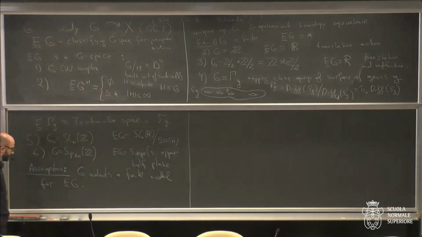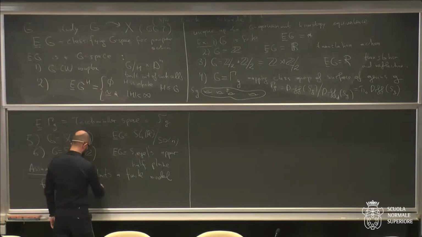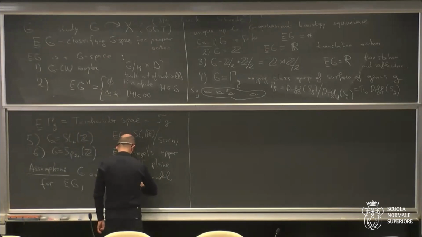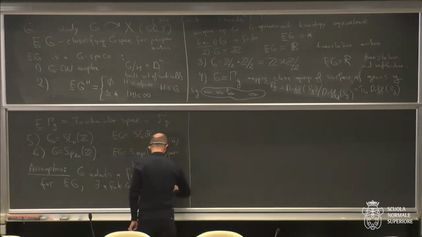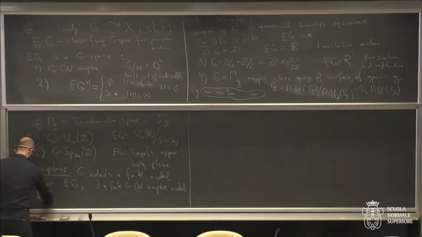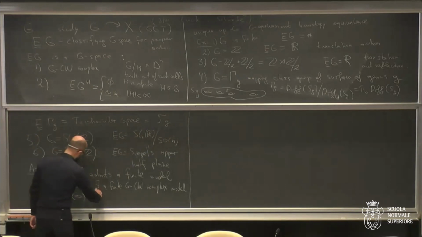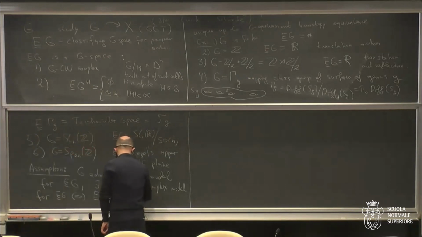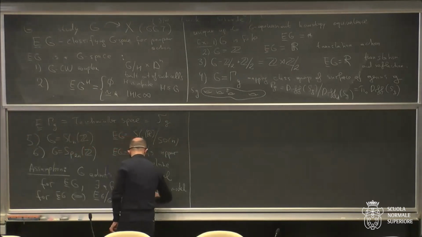So what does this mean? That means, I told you this is a G-CW complex. So in other words, there exists a finite G-CW complex model for E-under-bar G. An equivalent way of saying this is that if you just take the quotient, this is a finite CW complex without any G, finite CW.